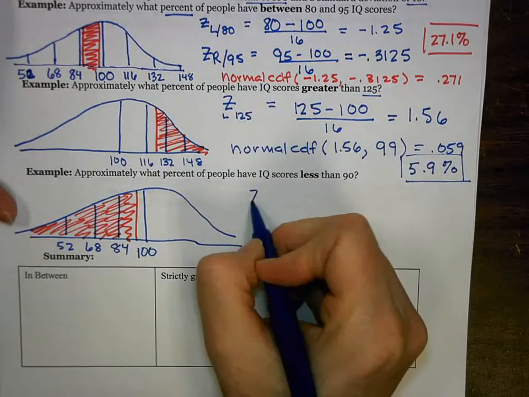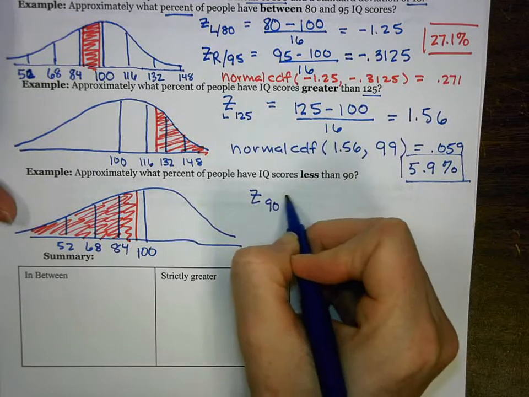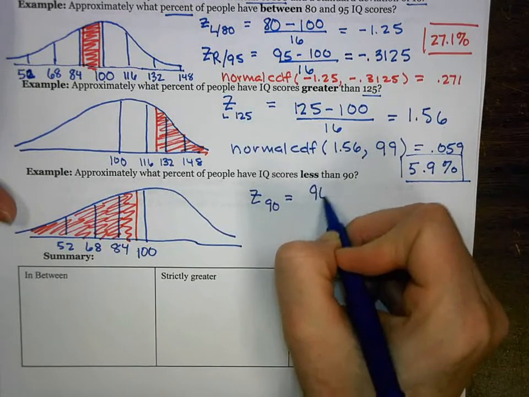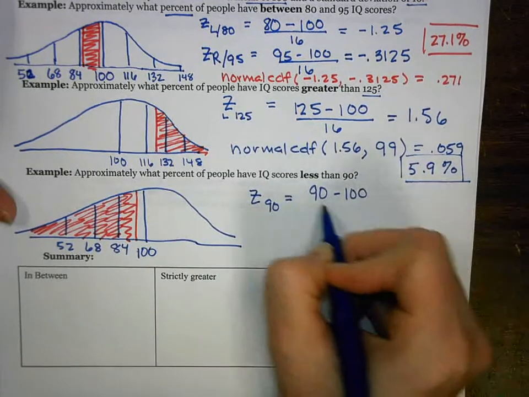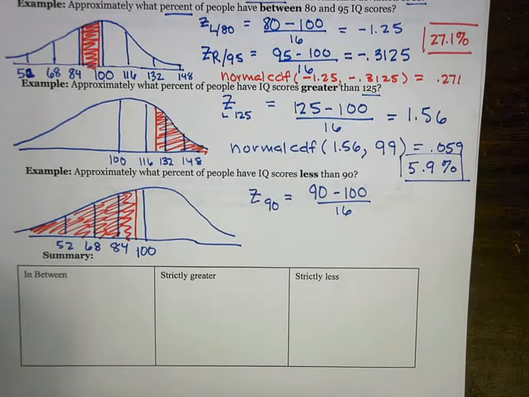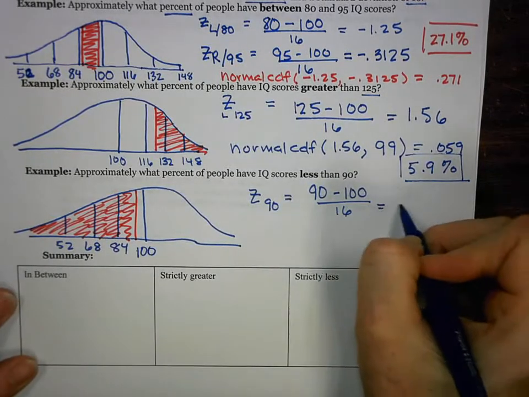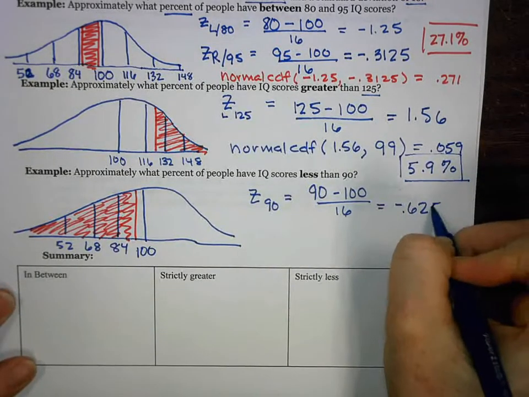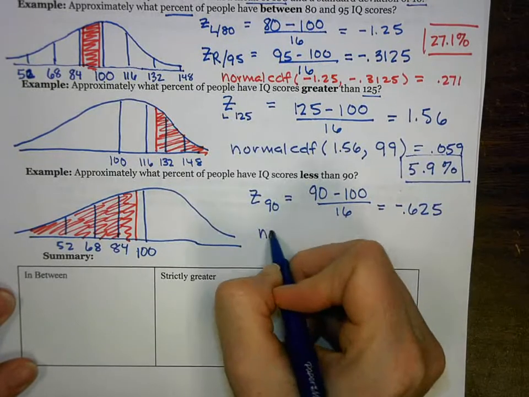Okay, well, find a z-score. The z-score for 90 is the value minus the mean over the standard deviation, and that's going to be negative 10 over 16. On your calculator, that is negative 0.625.